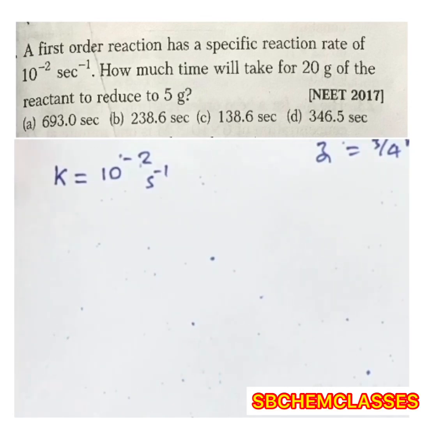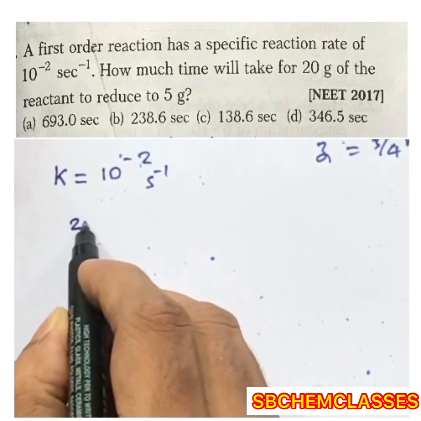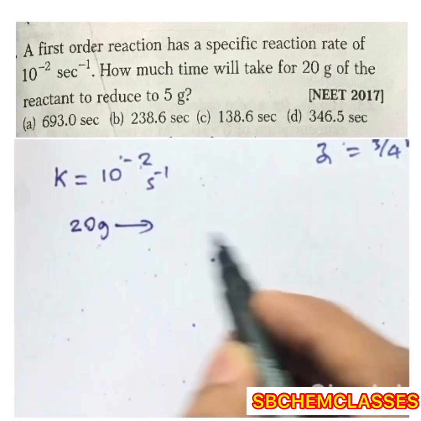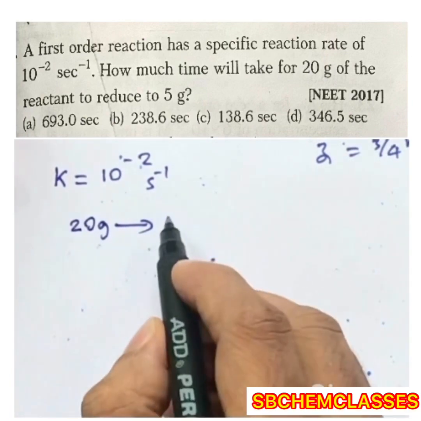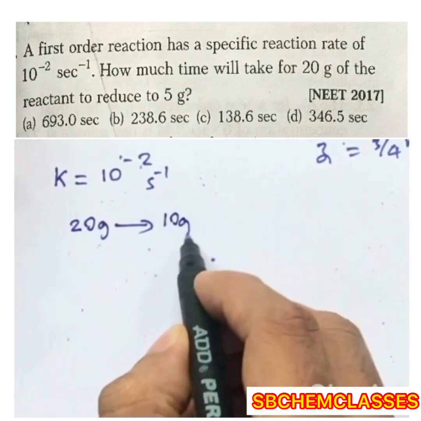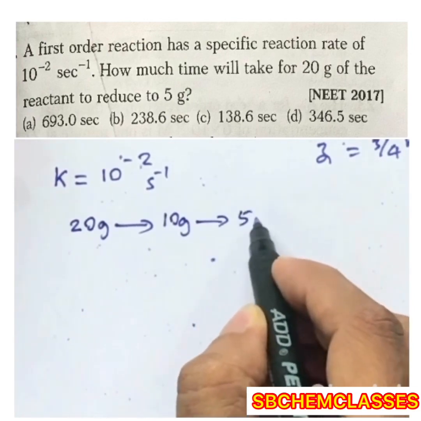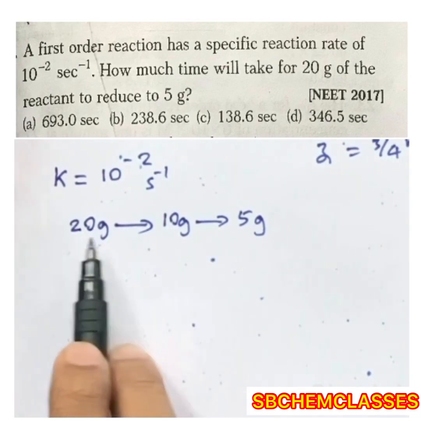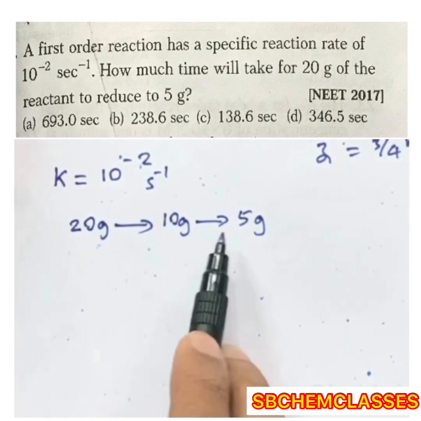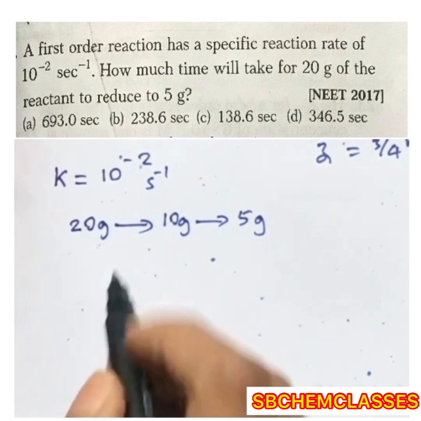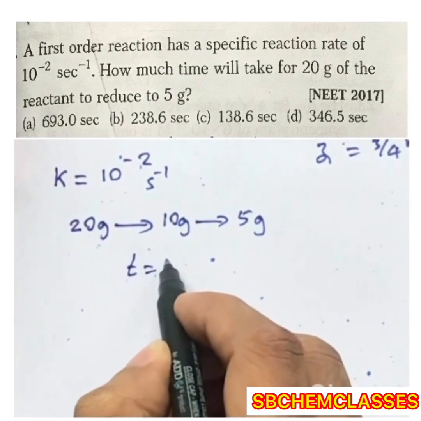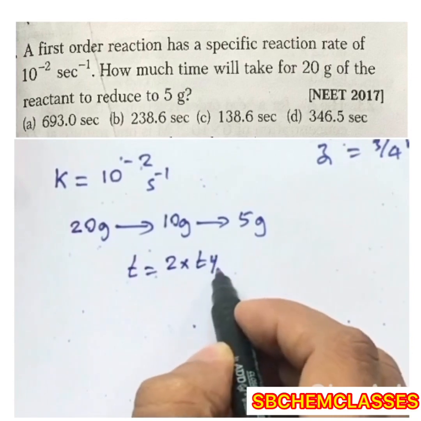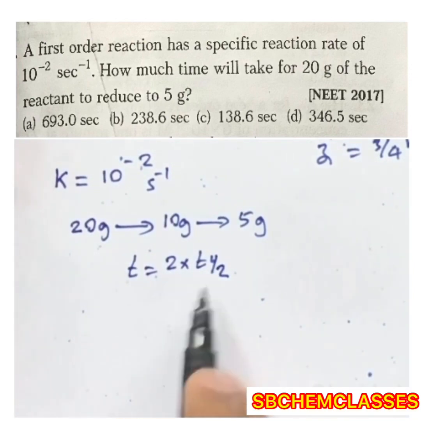For first order reaction type questions, we can use some shortcuts. 20 gram is converted to 10 gram, that is converted to 5 gram. 20 to 10 gram is T half, 10 to 5 gram is T half. So the required time is 2 into T half.